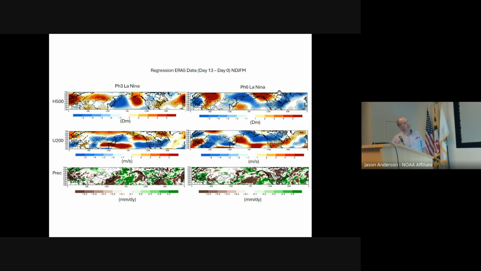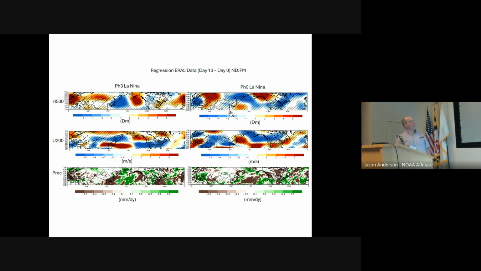It seems that this kind of relationship only works for El Nino states, not for La Nina states. You see that in the height data. For phase 3, you also kind of lose it. So with La Nina, you tend to lose it for phase 3 and phase 6.